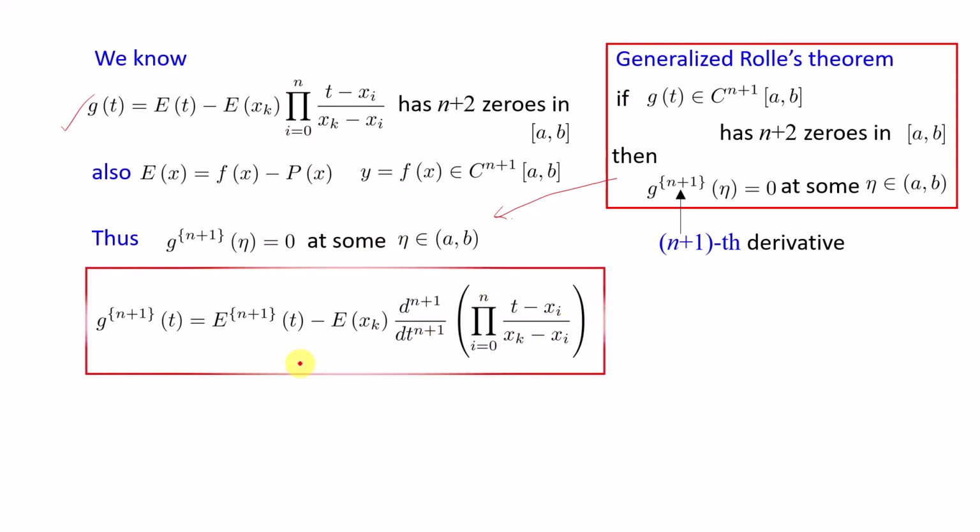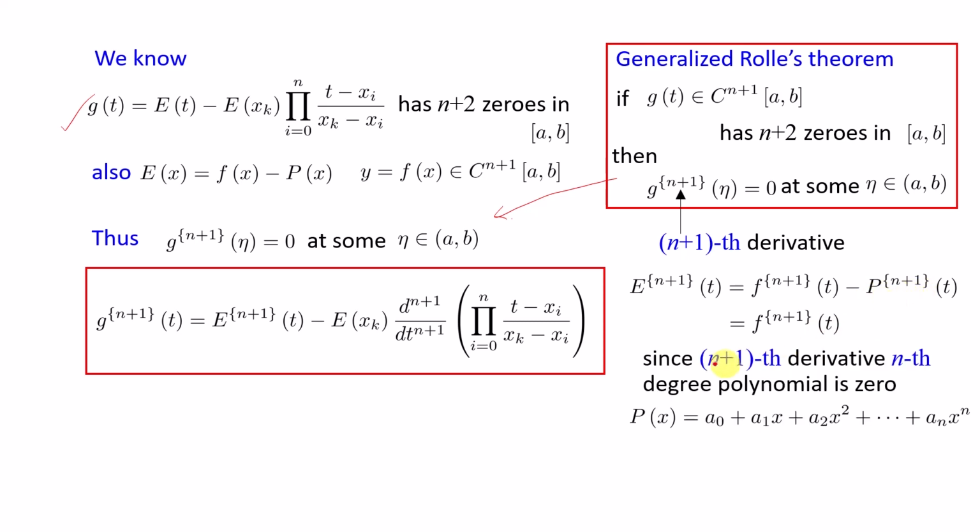This is an important idea, but let's start with e^(n+1)(t). This is f^(n+1)(t) minus p^(n+1)(t), because e(x) is f(x) minus p(x). Here I can write this as f^(n+1)(t), since the n plus 1th derivative of a polynomial of nth degree will be 0.